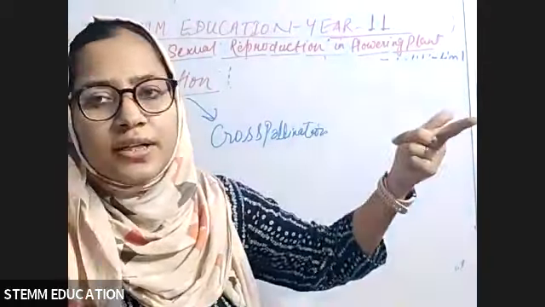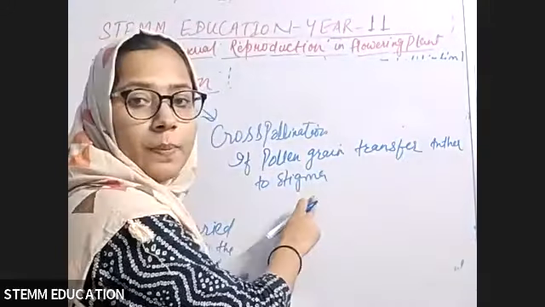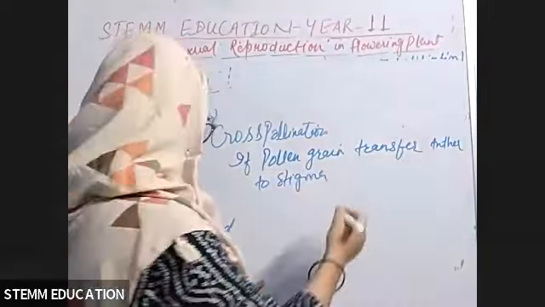On the other hand, cross-pollination is when pollen grain is transferred from anther to stigma of a different flower, of a different plant of the same kind, the same species, not another species.